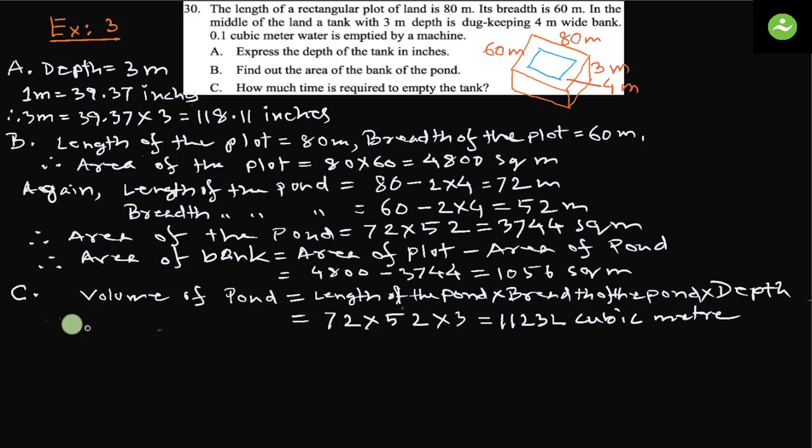So amount of water equals to 11232 cubic meter.